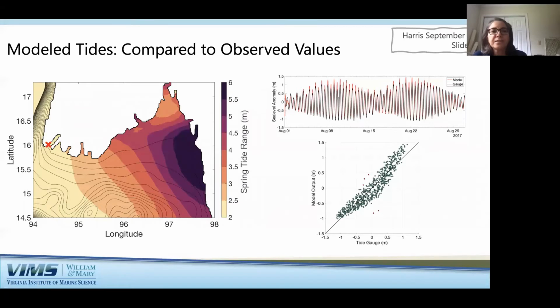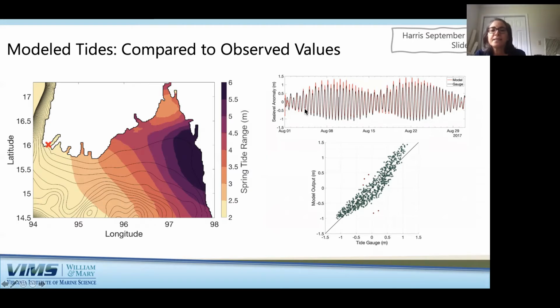And then here are some of his model results. So on the left-hand side is the spring tide range that Matt got from his model. And then over here on the right, there's really not much data available, but Matt did find a tide gauge at this point here.